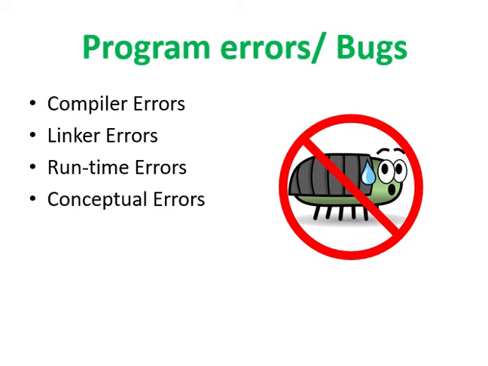The next one is the runtime error. A runtime error is an error that occurs while the program is running after being successfully compiled. And finally, the last one is the conceptual error.